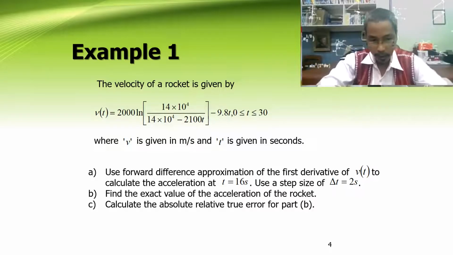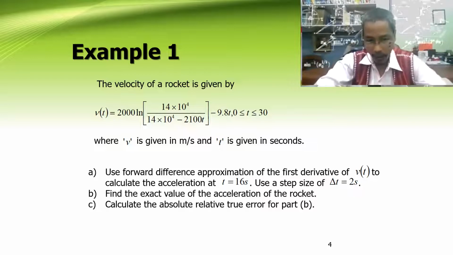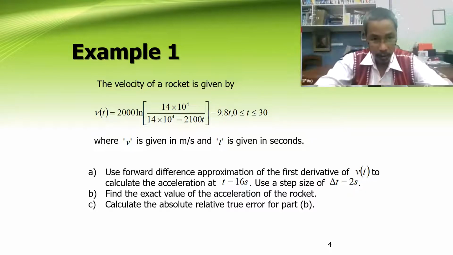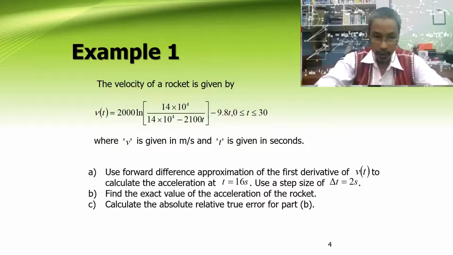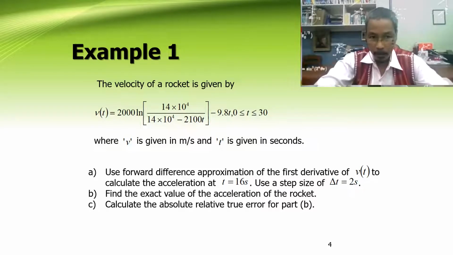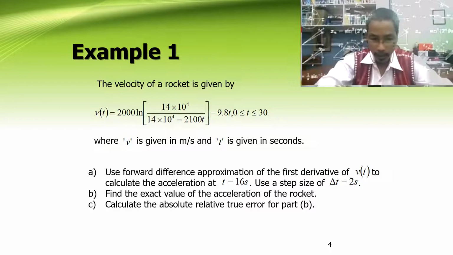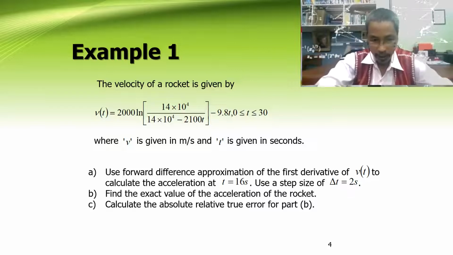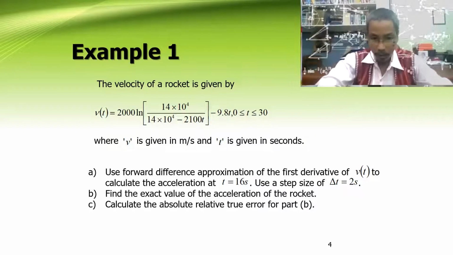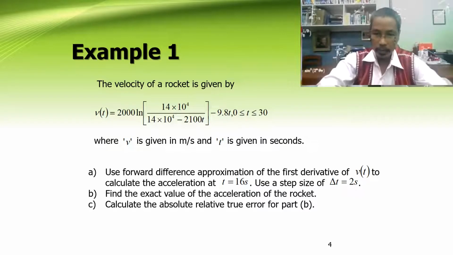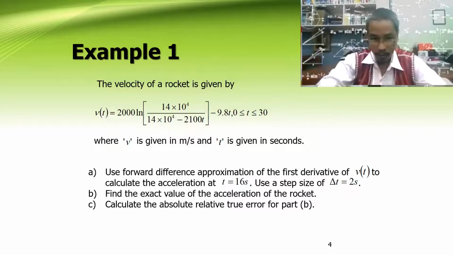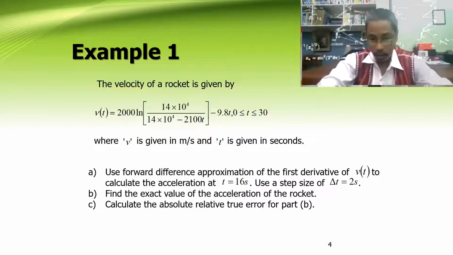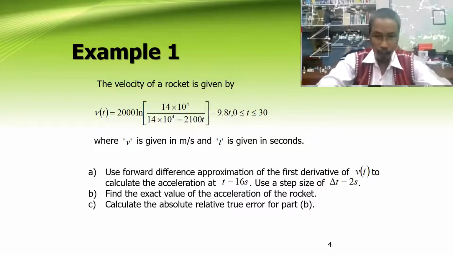Another question, letter B: find the exact value of the acceleration of the rocket. So this is the velocity of a rocket given by this functional representation. And another question, letter C: calculate the absolute relative true error for part B. We can recall what we mean by absolute relative true error: true error, relative true error, absolute relative true error.